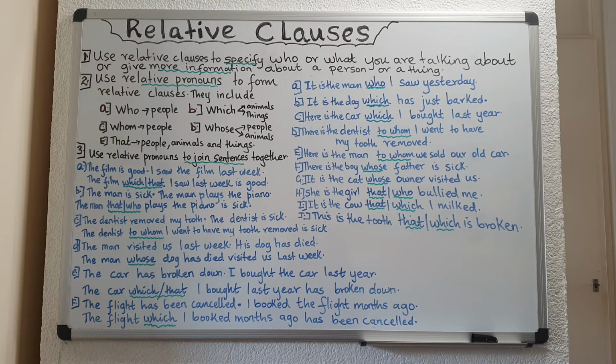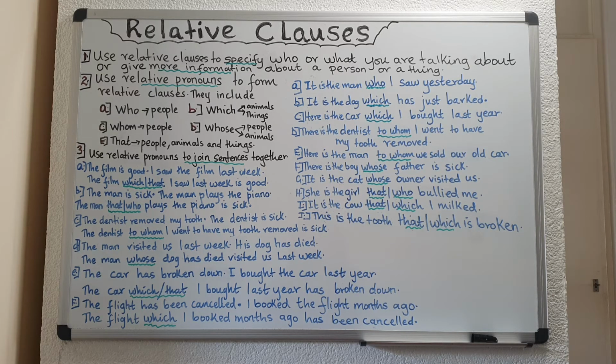And in the first example, we use who because we are talking about a man. Remember 2A. We use who only for people, okay? And in B, we use which because we are talking about an animal. Remember 2B, the relative pronoun 2B.